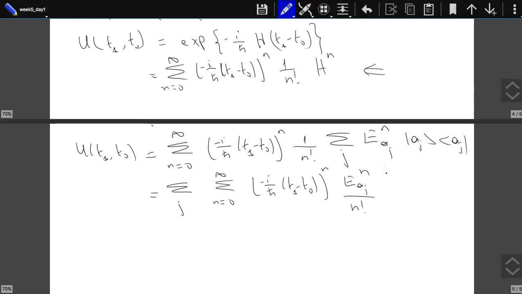Now we can look at a particular case. In general, if both A and B are non-zero, then you see that the expectation value of Sx has a time dependence. It depends on time.